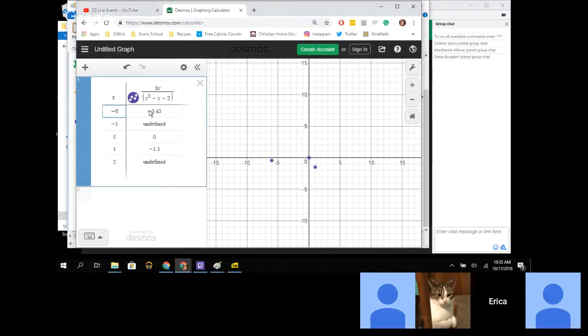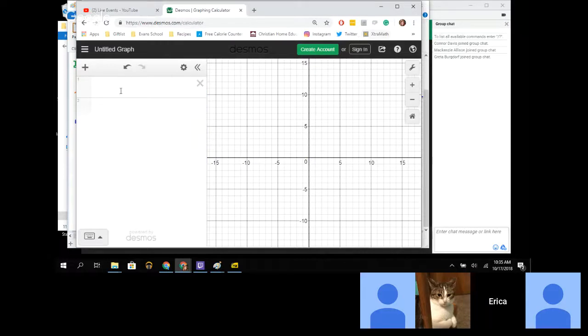Then my function equals negative 0.45, or what happens when it equals 10, right? So then you can get all these points to get your graph points together.